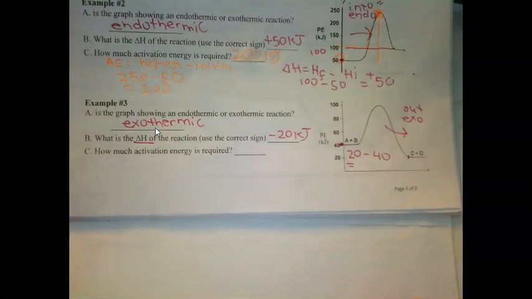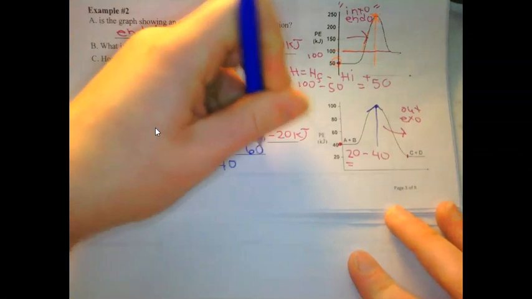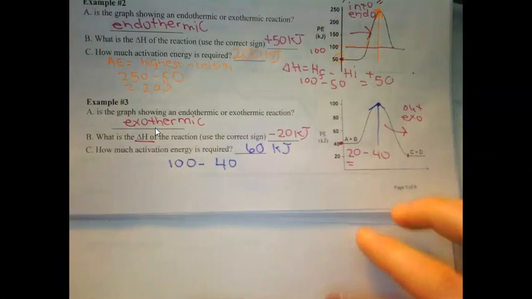All right, so our activation energy is how much it's taken to get up to the peak. So that is going to be our highest minus our initial. So my highest is 100. My initial is 40. And that is equal to 60 kilojoules.